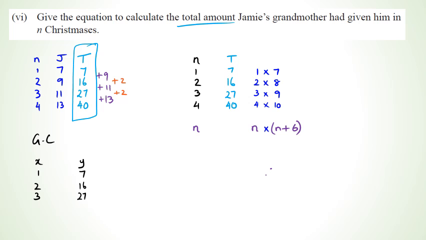That means I could write the equation for my total as n times (n plus 6), or as n squared plus 6n. So what do you get for this particular equation? You get an Excellence if you get the equation right. If you work out the totals, you get an Achieved.